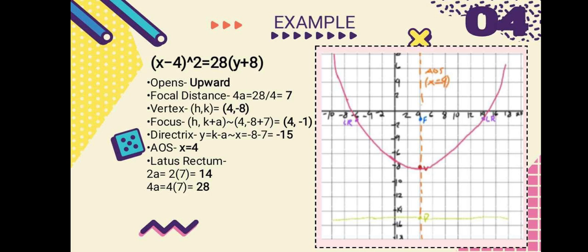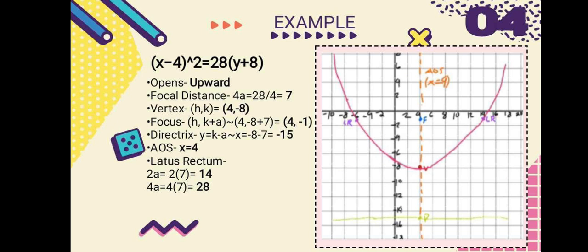Next example is (x minus 4) squared equals 28 (y plus 8). So, to know the opening of our parabola, let's identify what variable is beside our constant, which is 28. So, what is beside the 28? It is the variable y.